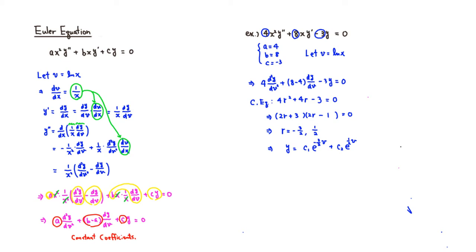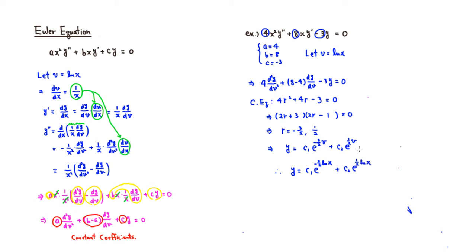But we can just put the substitution back in. So therefore, we have the solution y is equal to c1 e to the negative 3/2 natural log of x. Right? v is originally natural log of x. And c2 e to the 1/2 natural log of x.